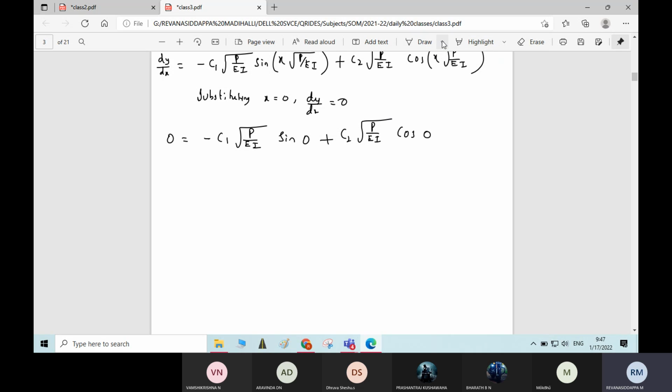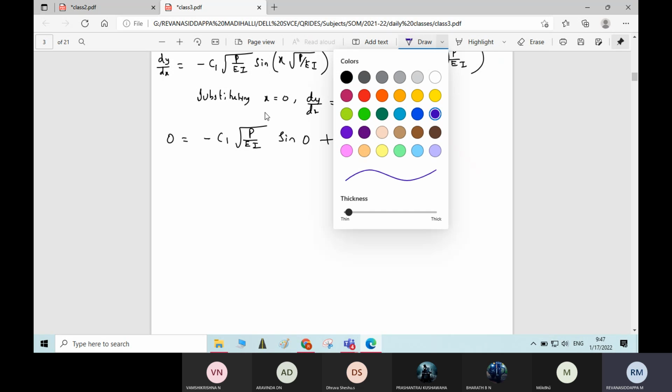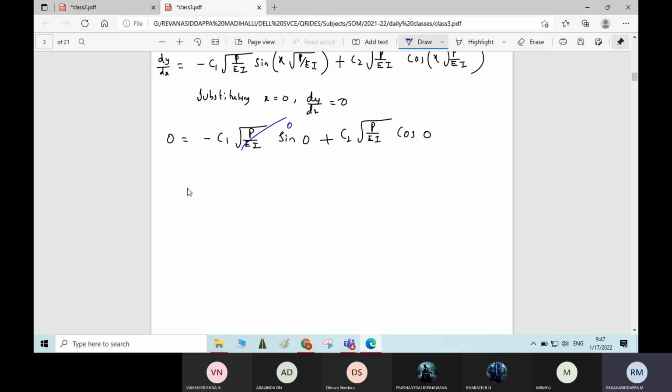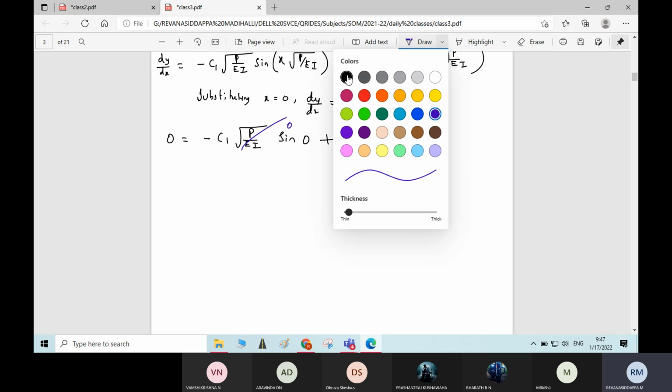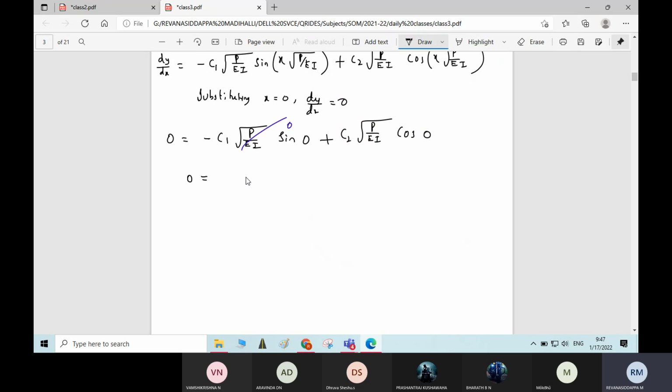Sin 0 value is 0, correct? So this term becomes 0. Therefore the equation is 0 is equal to, cos 0 value is 1, so the remaining equation will be c2 root P by EI. Therefore c2 root P by EI is equal to 0.